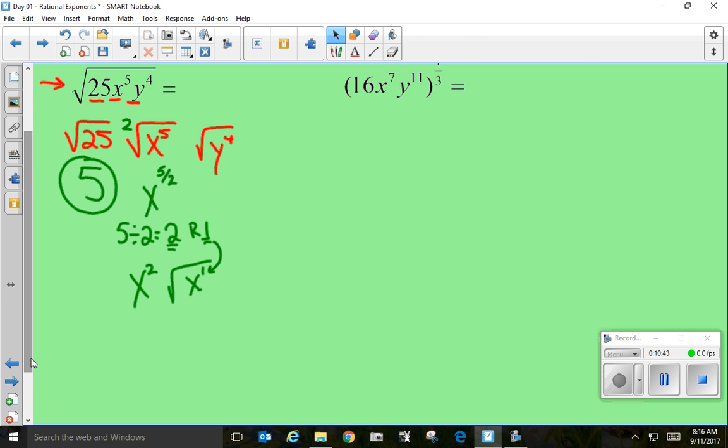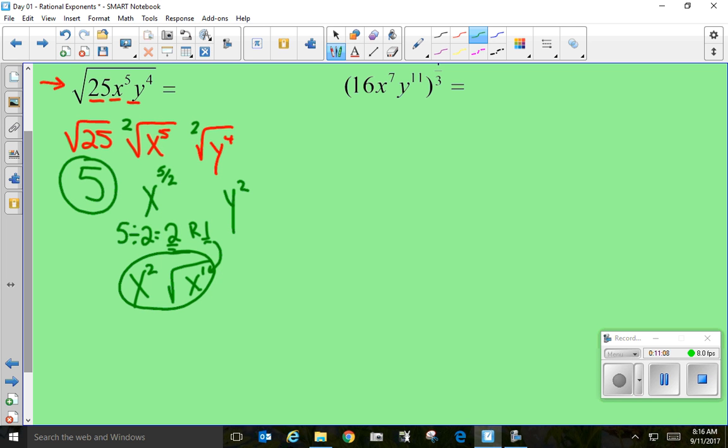So I know that this is going to be my answer. Y to the 4th. How many y's? There are 4 y's under a square root. What is 4 divided by 2? 2. So that's how many come out of the radical.